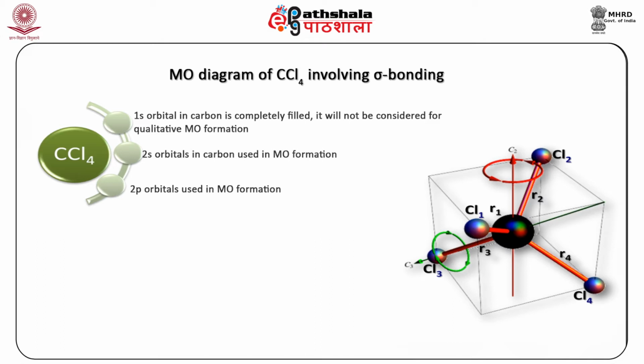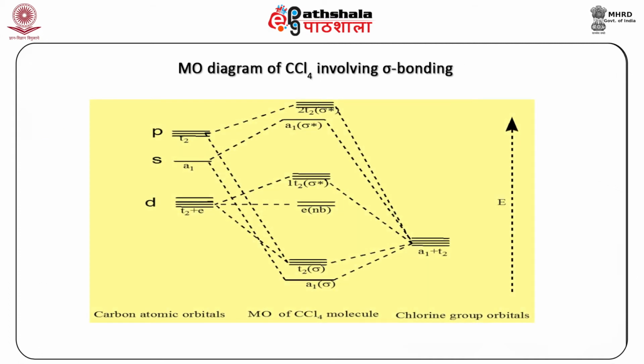Using the ligand group orbitals of A1 and T2 type on the right hand side of the diagram and the symmetry of the atomic orbitals of the carbon atom on the left hand side, and matching the symmetry and taking energy into consideration, the molecular orbital diagram for the carbon tetrachloride molecule may be constructed as shown in the figure.